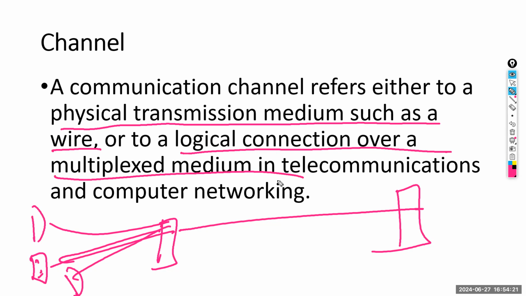We will discuss what multiplexing means: multiple signals travel through one channel, and then it is demultiplexed. So channel basically means physical media, maybe shared by multiple parties for multiple communications.